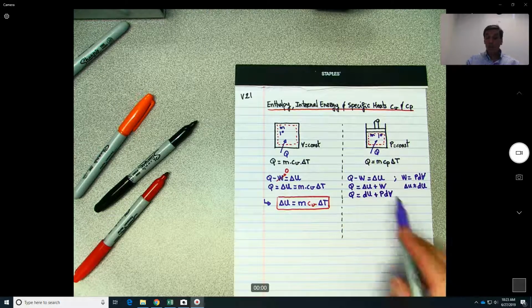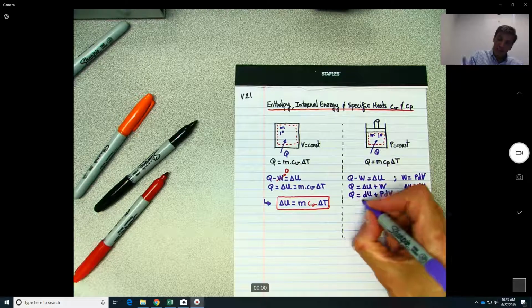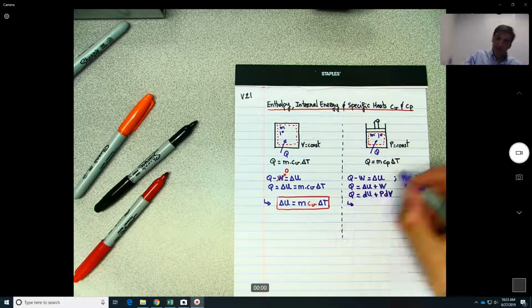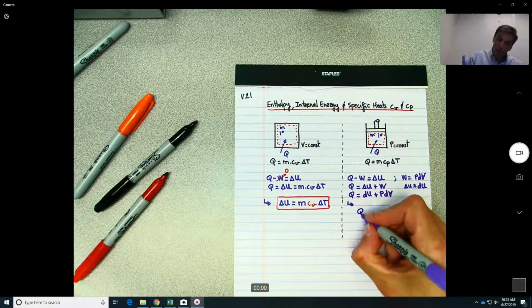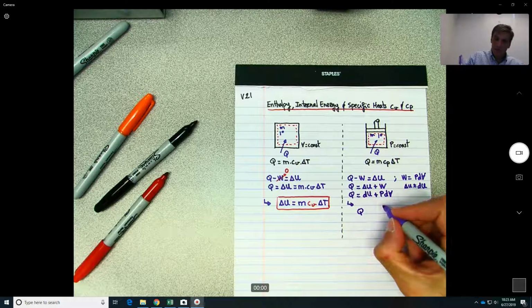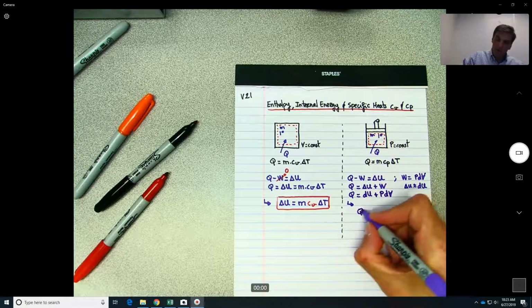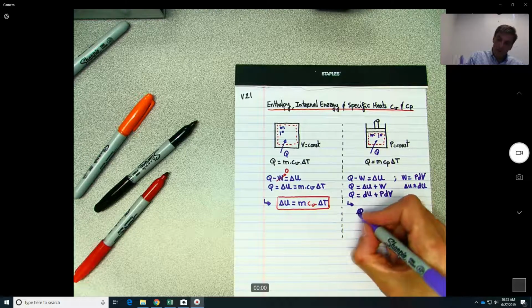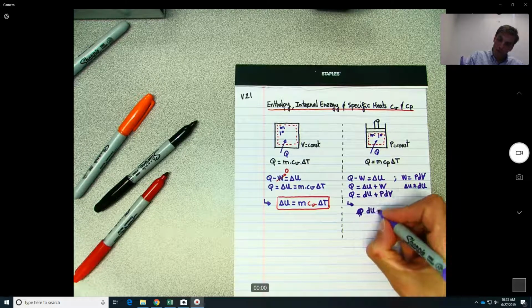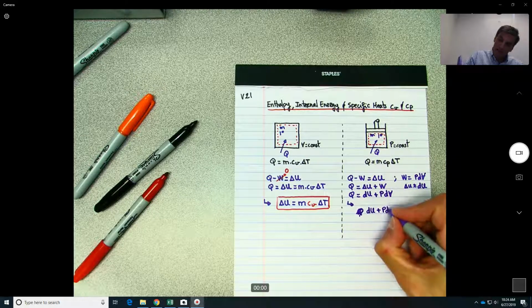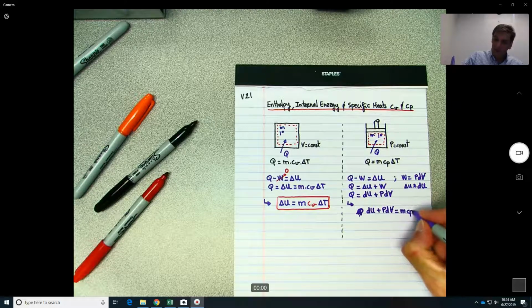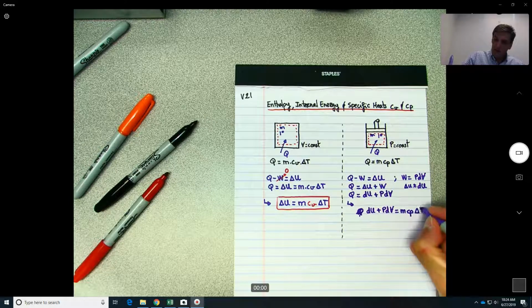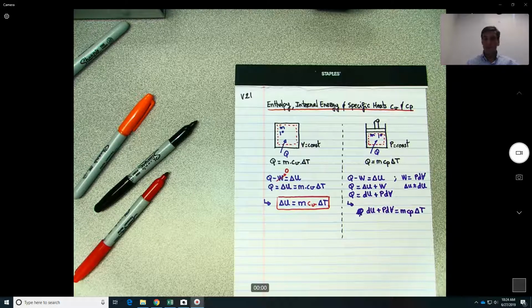Okay, and we know from the previous chapter that this is equal to m Cp dT. So let's say that dU plus P dV will be equal to m Cp delta T. Okay, so what is this new term over here?